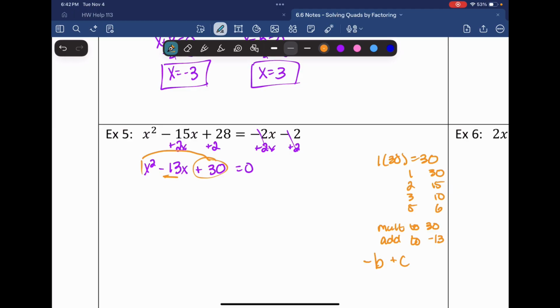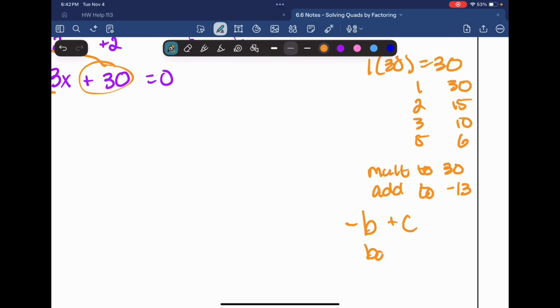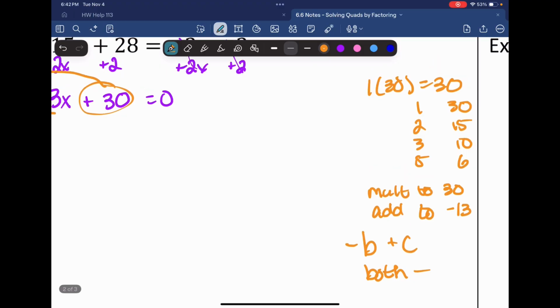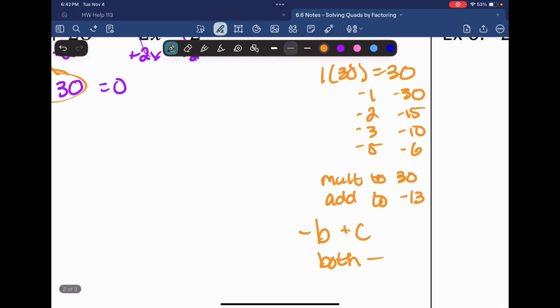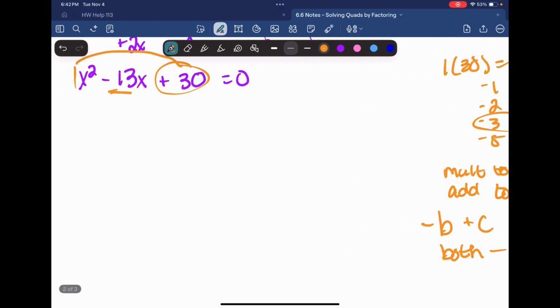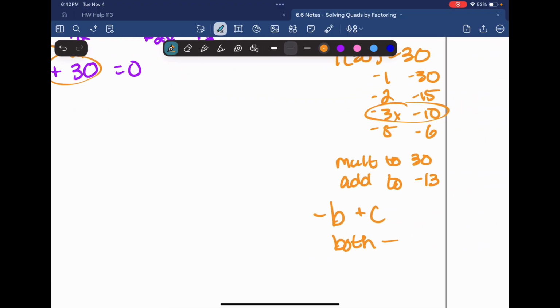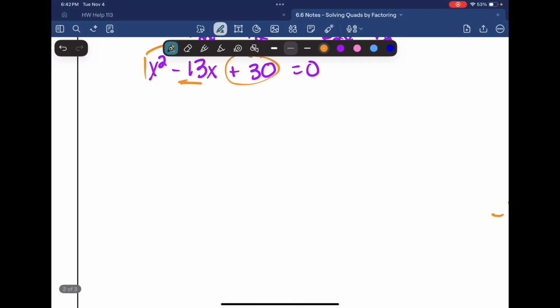So to get a positive number when you multiply, but negative when you add, both factors are negative. Which pair adds together to be a negative 13? That's negative 3 and negative 10. So break it up, negative 3x, negative 10x.